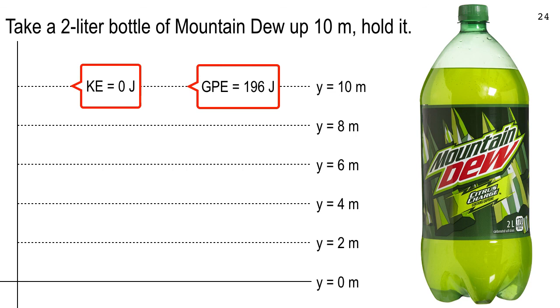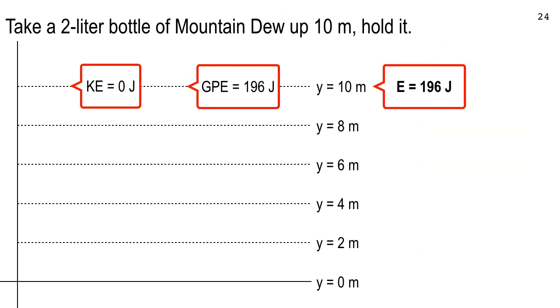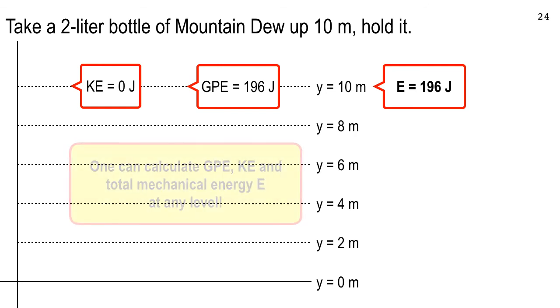So the potential energy is 196 joules less by the time it's down at any level. Before we do that, total energy, 196. Go ahead and write that out. And so we're going to have total energy, 196 at every level.